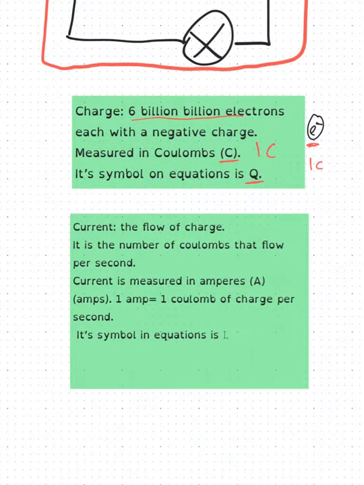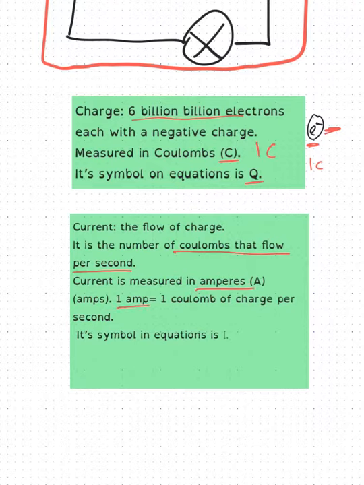And then current was just the flow of this charge. So it's how many coulombs flow every second. It's basically the flow of 6 billion electrons every second that equals the current. So rather than saying we've got 6 billion electrons flowing every second, we can just say that we've got 1 coulomb per second, and to make it even easier than that, we can just say that's 1 ampere, or amp.